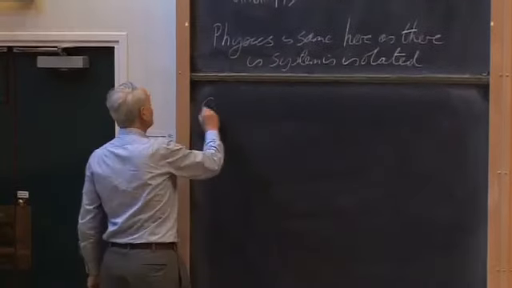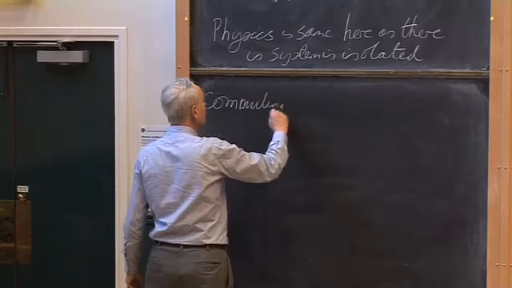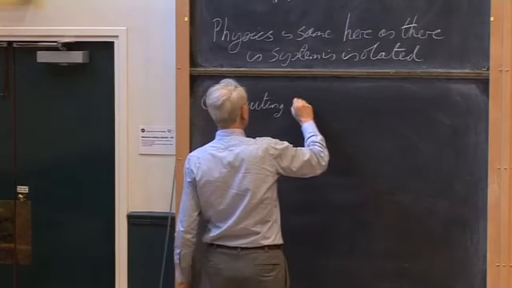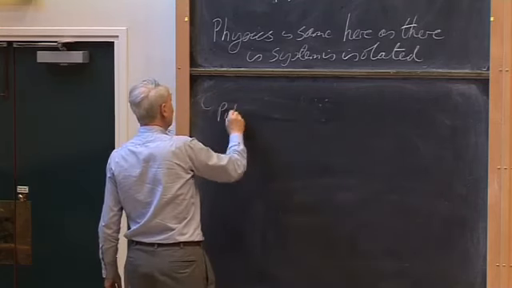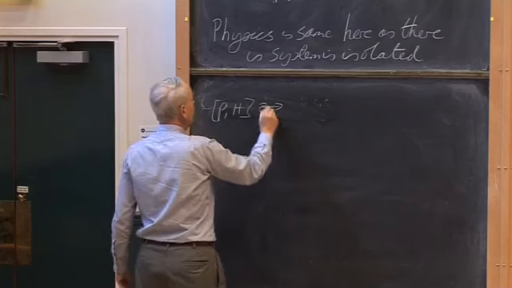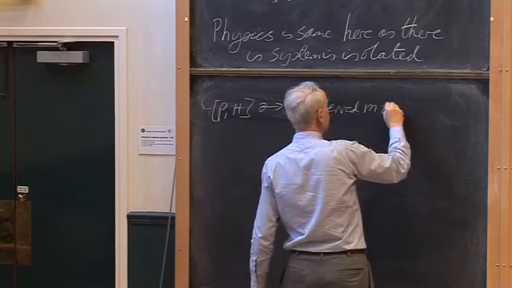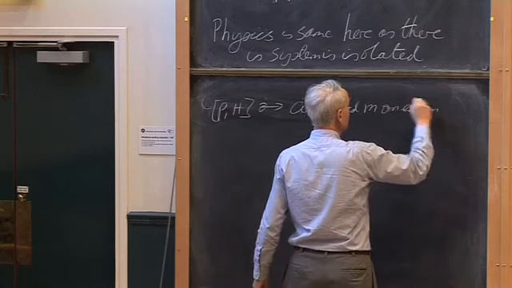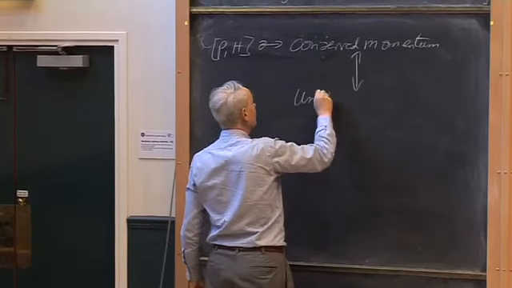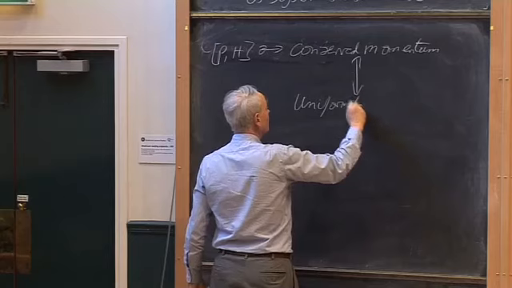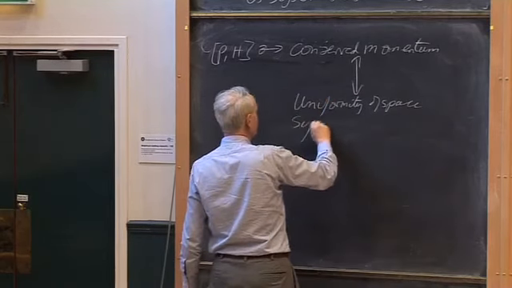So we have a set of ideas like this: P commuting with H is connected to conserved momentum, which is itself connected to uniformity of space, which is the same thing as symmetry under translation.